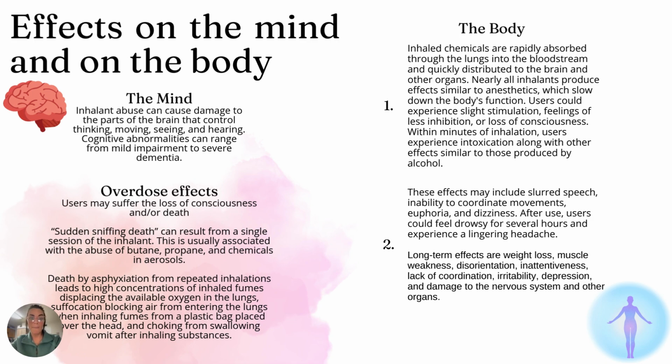In the effects on the body, inhaled chemicals are rapidly absorbed through the lungs into the bloodstream and quickly distributed to the brain and other organs. Nearly all inhalants produce effects similar to anesthetics, which slow down the body's function. Users could experience slight stimulation, feelings of less inhibition, or loss of consciousness.